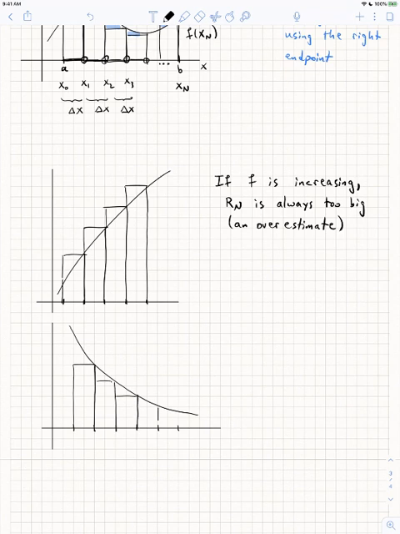All of these are completely contained underneath the graph. So if f is decreasing, Rn is too small, an underestimate.